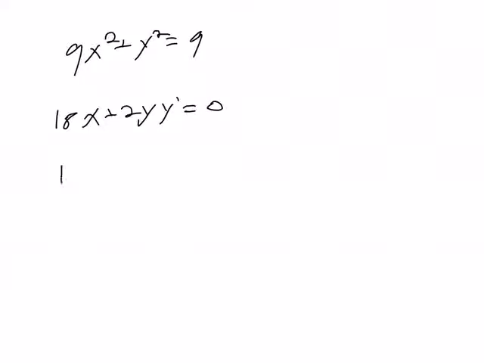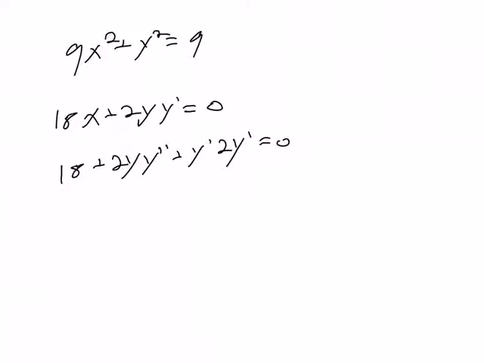Next we have that 18 plus 2y y double prime plus y prime times 2y prime is equal to 0.